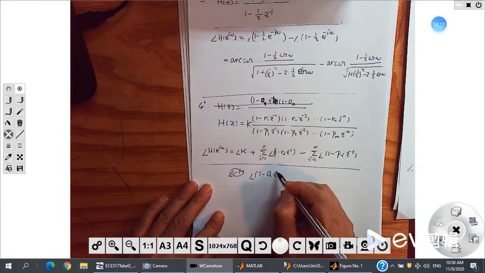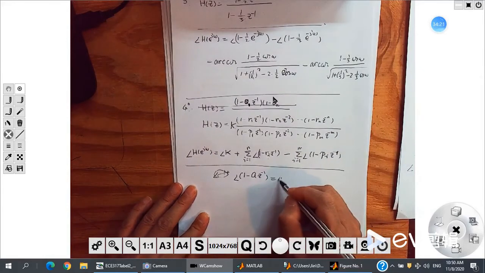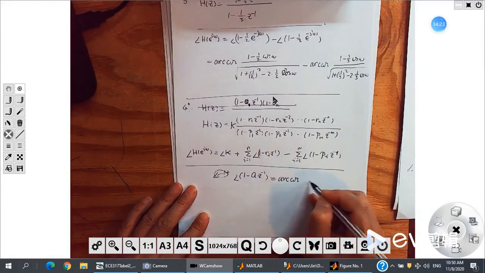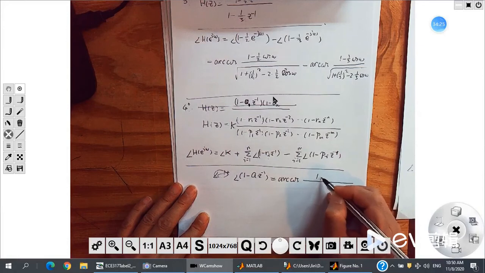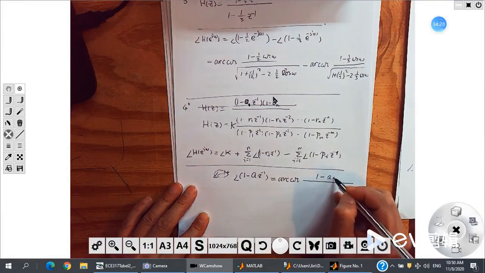This one will be an arc cosine. It's a fraction: 1 minus a e^-jω.